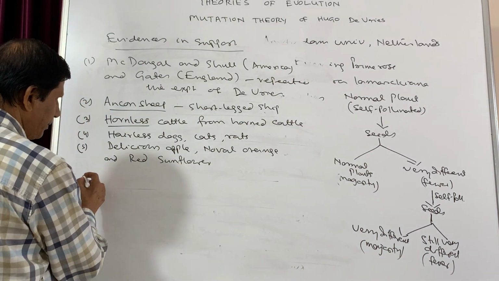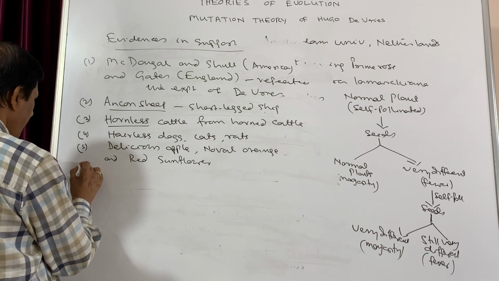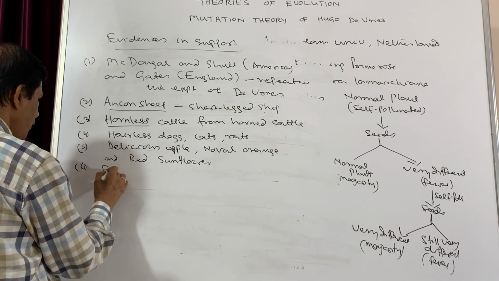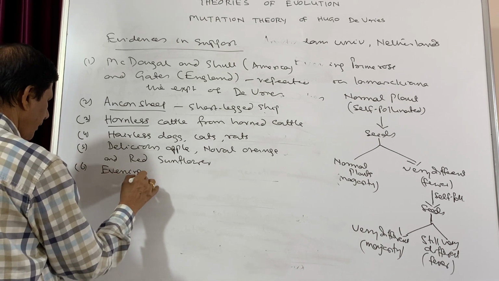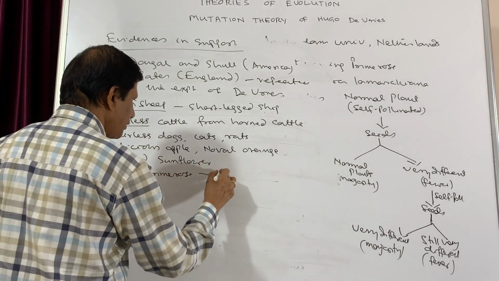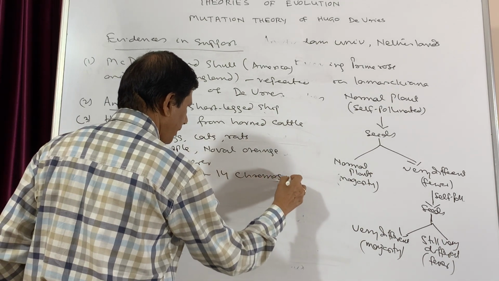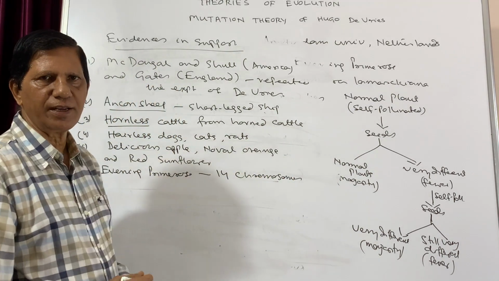So another experiment we can also take, that is the evening primrose. Evening primrose has only 14 chromosomes. That means only 7 pairs are there.